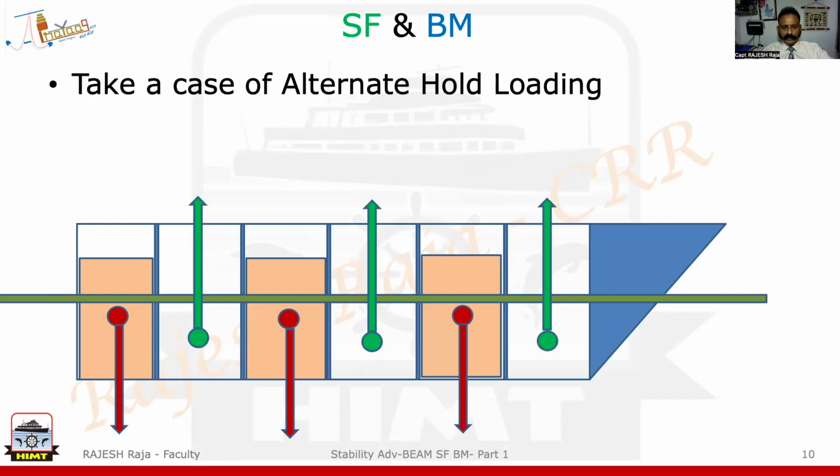Now I've just shown you a case of an alternate hold loading. Okay, this is just to depict you, tell you how the forces are going to act. Now look at that alternate holds where cargo is there. You will see the weights are maximum acting from there. Even though the empty hold also has got its body weight, but it's very, very minimal compared to the full hold.